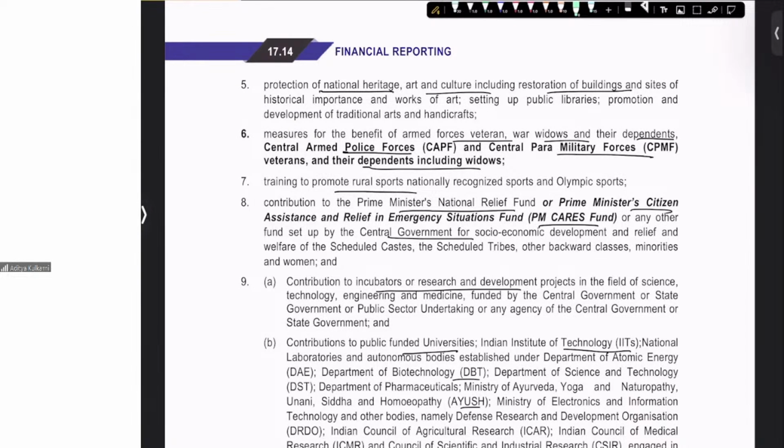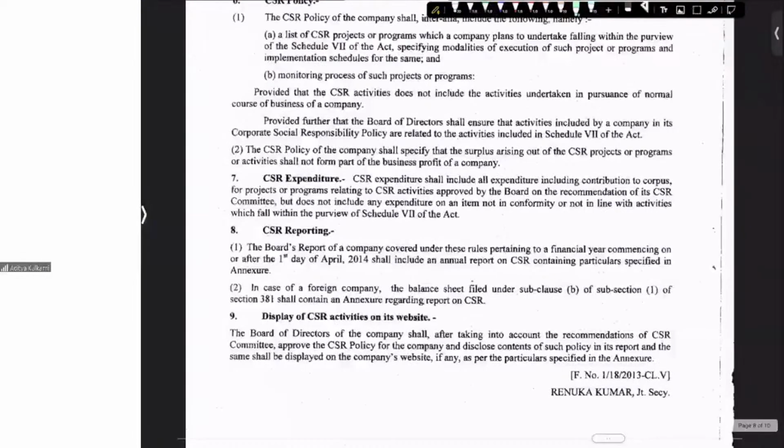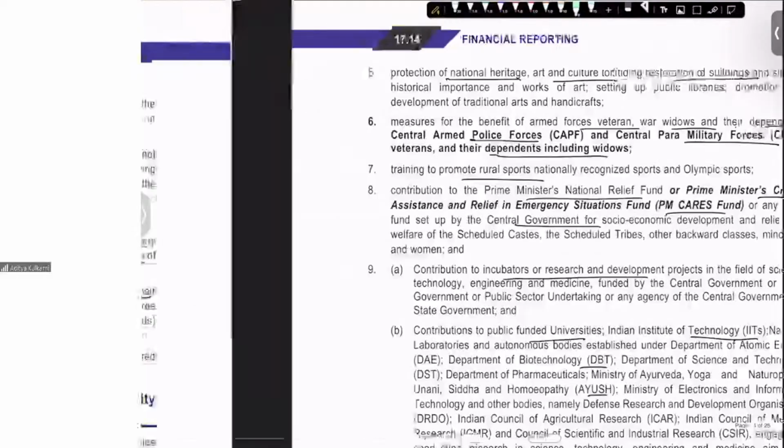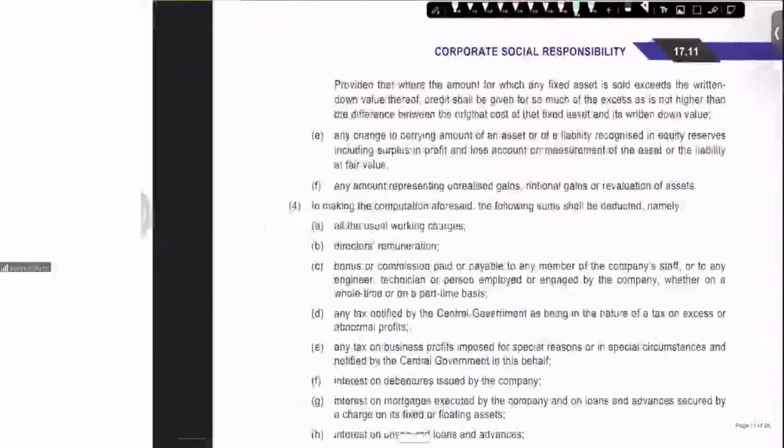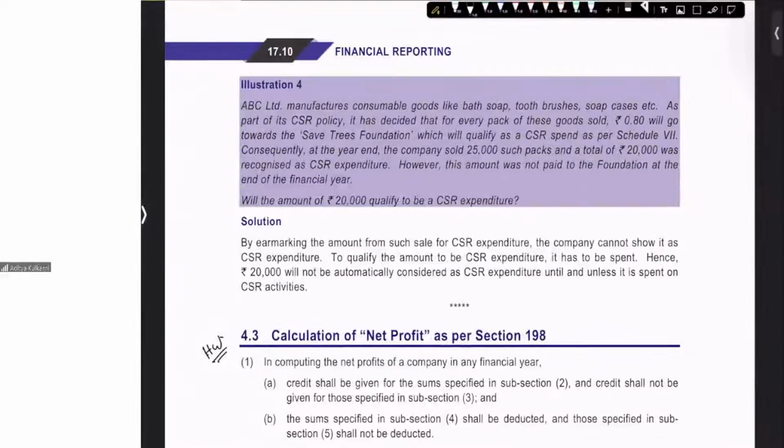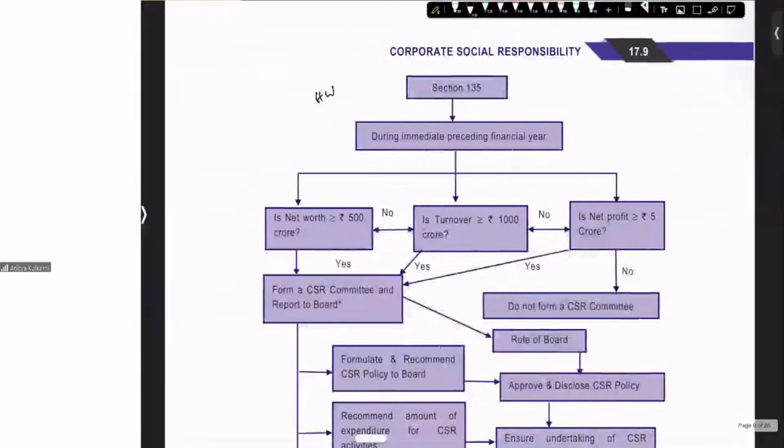You will have to do those questions and illustrations by yourselves. It's quite simple. I don't want to do that because that way you will study them yourselves. Did you try the deferred tax homework which I had given you?